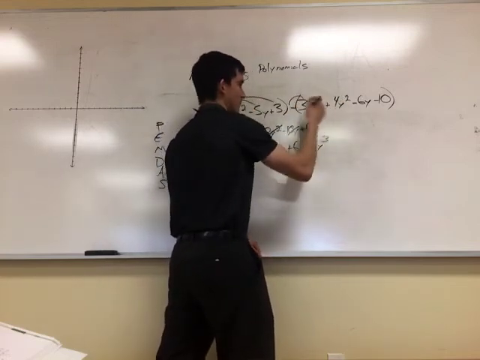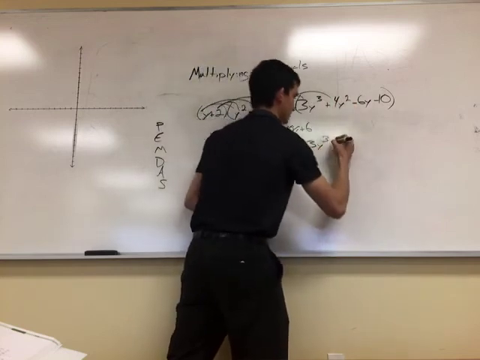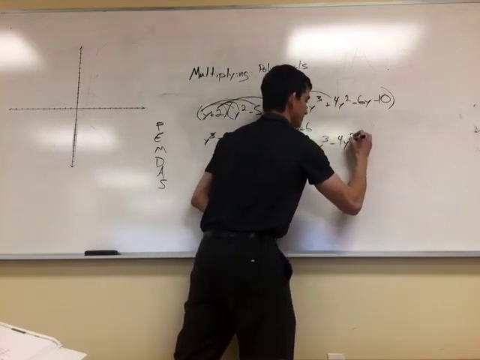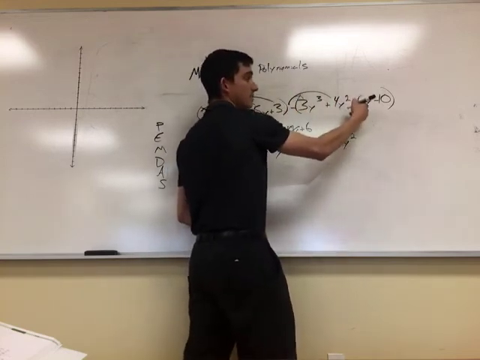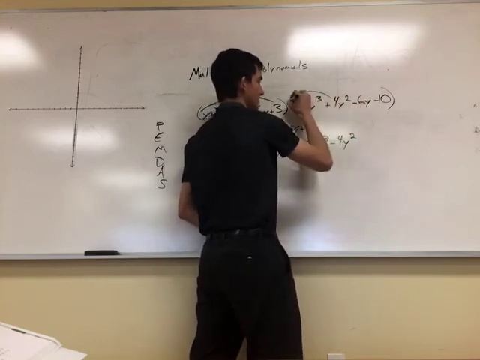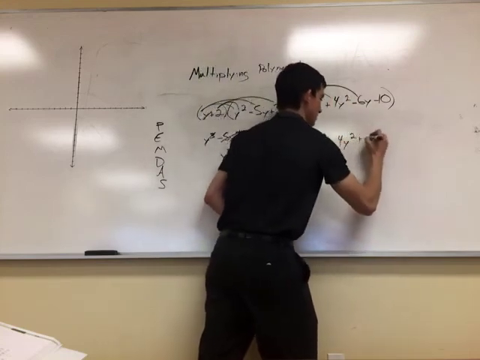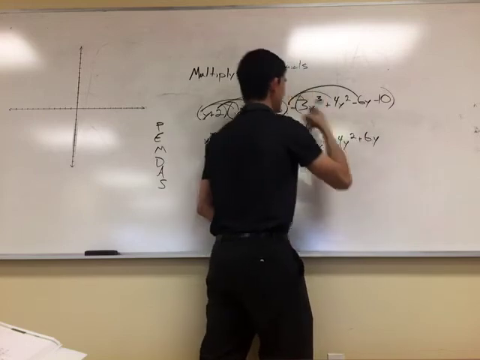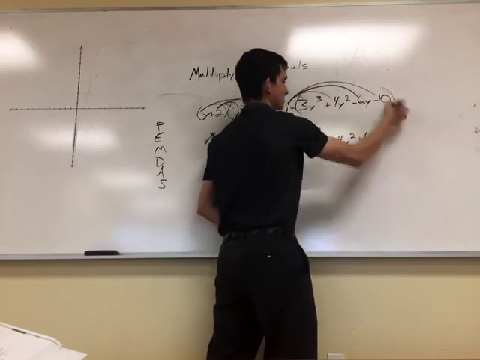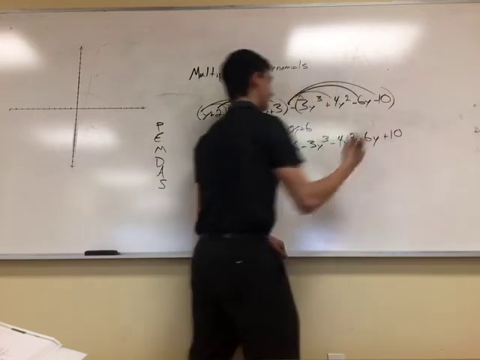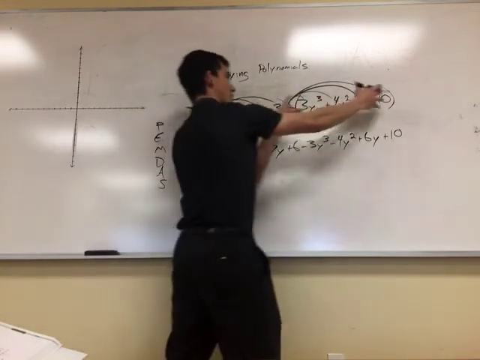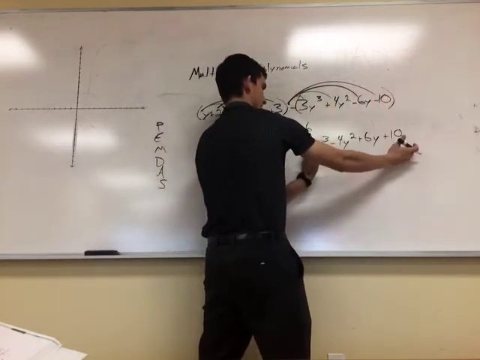It's going to be a negative 4y. Negative 4y squared. Negative, now here's something interesting, negative 6. So remember, that makes a positive, so we're adding 6y, and a negative 10. So that makes a positive. We're adding 10. Okay, so now I've taken this whole part right here, put it here, right?